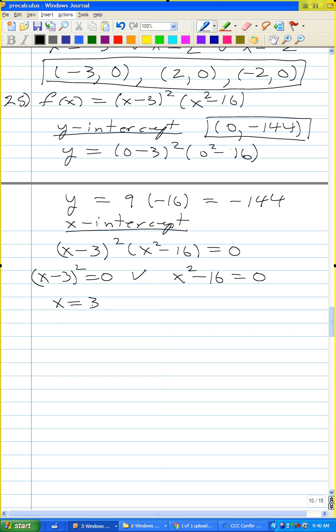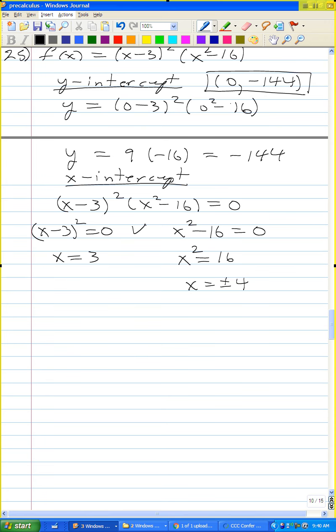So x is equal to 3, or x squared is equal to 16. So x is equal to plus or minus 4. So the x-intercepts are at (3, 0), (4, 0), (-4, 0). So I have 3 x-intercepts. Any questions about that?